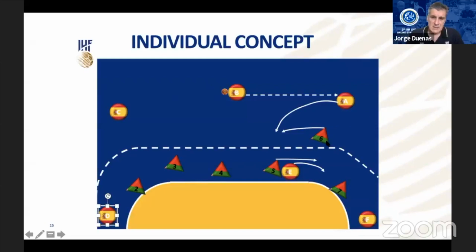In this case, number 6 defends an attacker, and number 5 defends an attacker, the line player. When the attacker goes to the center, they change the situation, but this player crosses and continues with the individual responsibility.